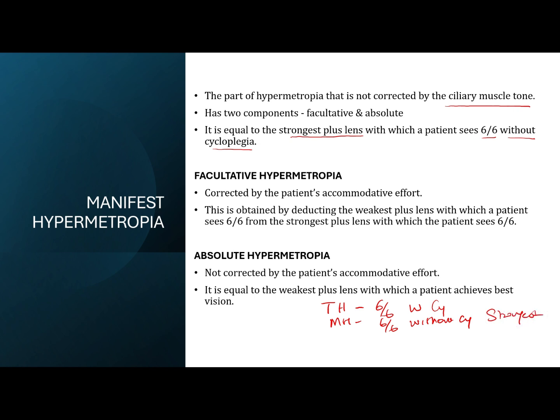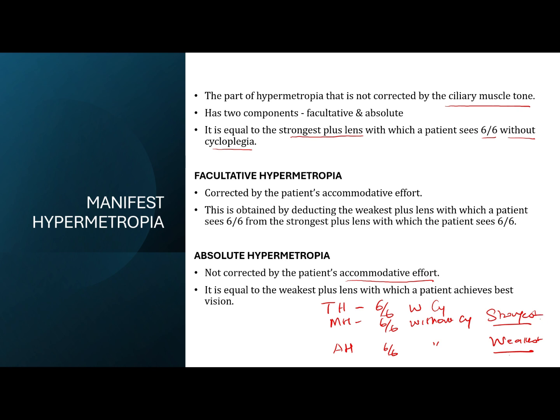Now, if there is a strongest lens with which a patient can see 6/6, there will also be a weakest lens. Correct. So the weakest lens with which a patient can see 6/6 without cycloplegia is known as absolute hypermetropia. That is the component of hypermetropia that cannot be corrected by the patient's accommodative effort, and it is equal to the weakest lens with which a patient sees 6/6 without cycloplegia.